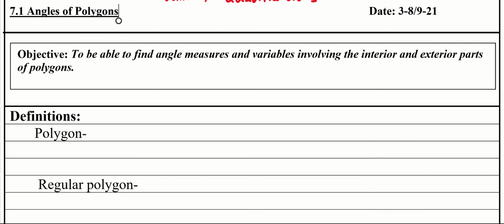Okay, so first off, a few definitions and a few terms that we need to make sure we understand as we go through these kinds of problems. Here is what I mean when I say a polygon. A polygon is just a closed figure with a certain amount of sides.